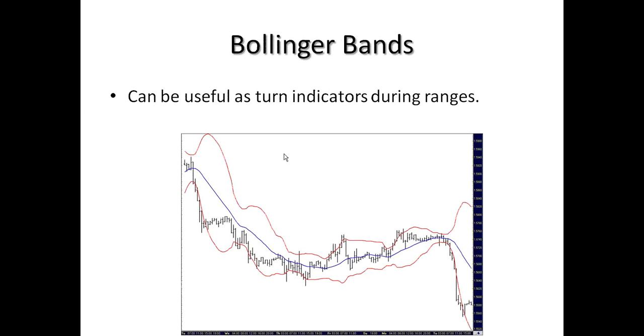Bollinger Bands you could also use within ranging situations; oftentimes Bollinger Bands will help confirm support and resistance in a sideways motion. But Bollinger Bands were really meant more for trend following and volatility breakout uses as opposed to range trading. They can also be used oftentimes to help support your support and resistance lines.